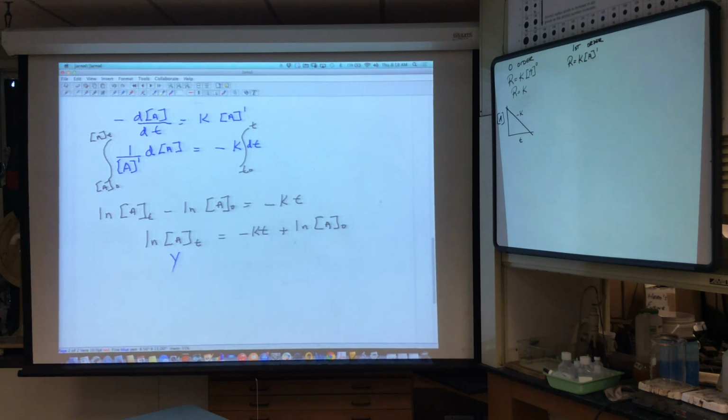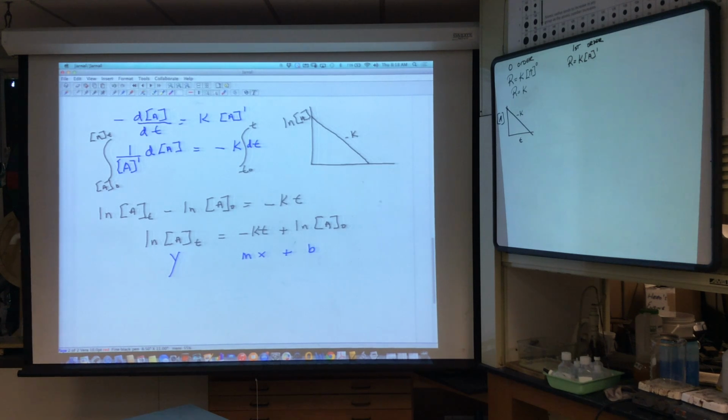There's my y, this is my slope, plus b. What graph do I have? If I have a first order reaction, party people, think with me for a second. My y is going to be the ln, the natural log of A. And my slope is still negative k.